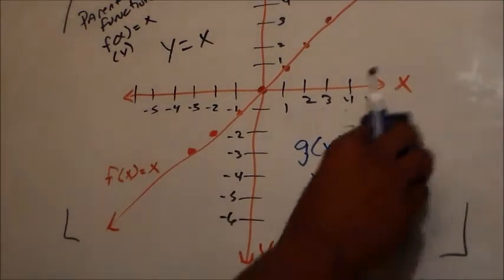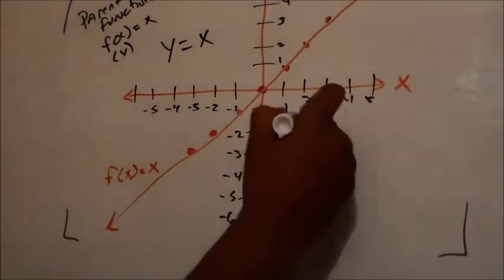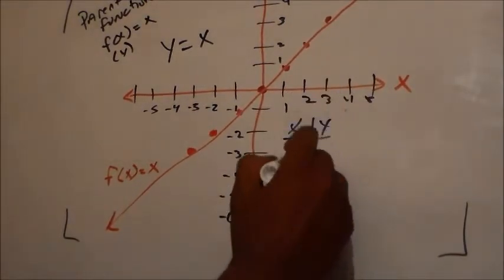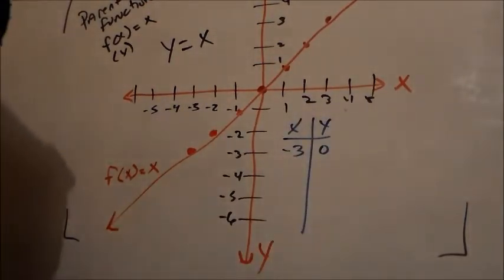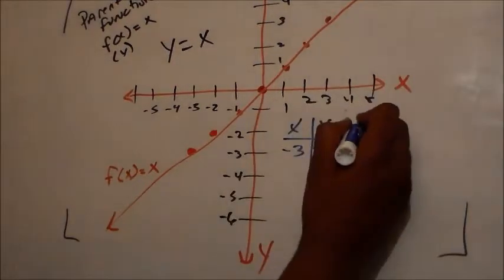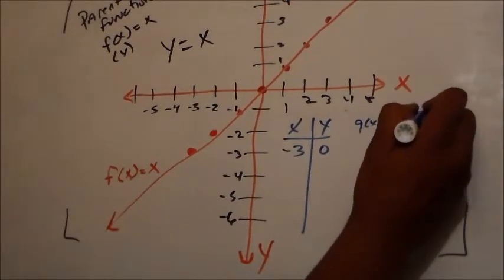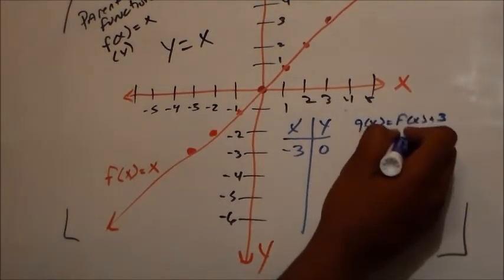We're going to have to make another table, and this is going to get a little crazy because I have limited room. So in our x-y table, we put in negative 3, we get 0. Again, g of x equals f of x plus 3, so we look at that as y.